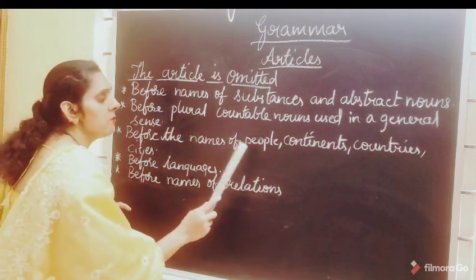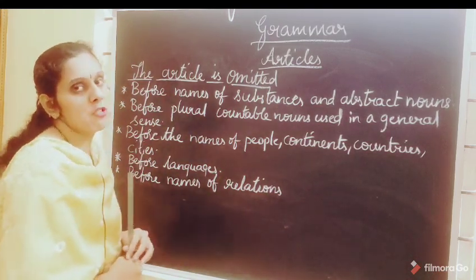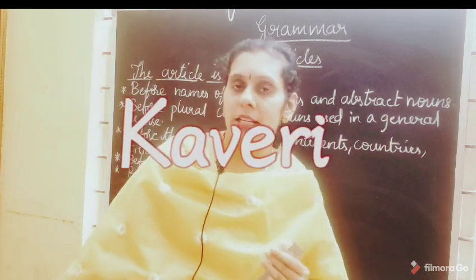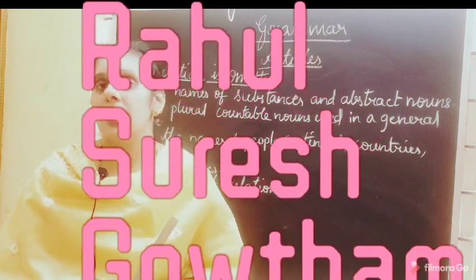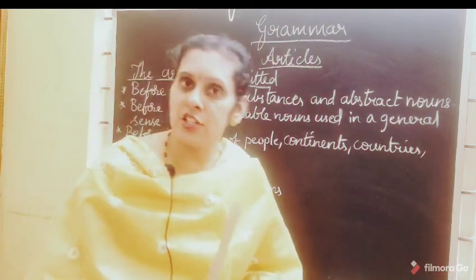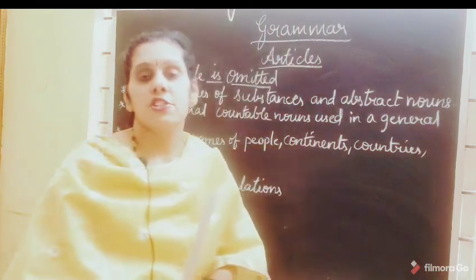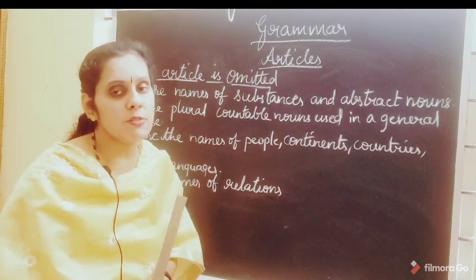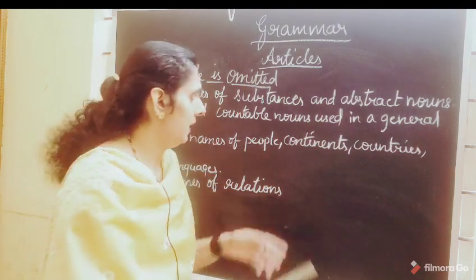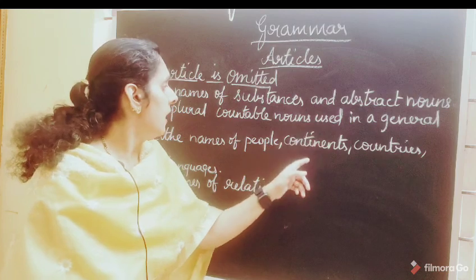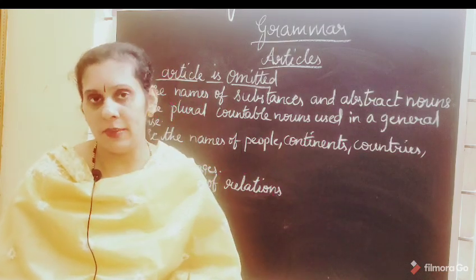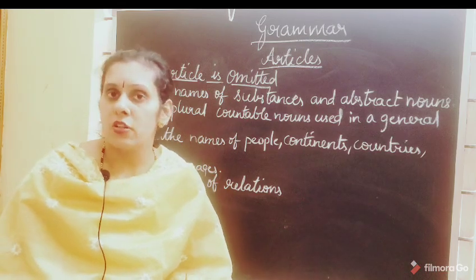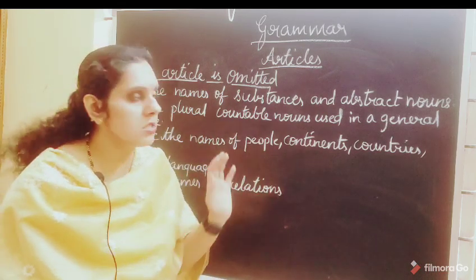Next, before the names of people, like Kaveri, Rahul, Suresh, Gautam, Sirisha, Shravan, we won't use any articles. Next, continents like Asia, Africa, America, North America, South America, Australia.